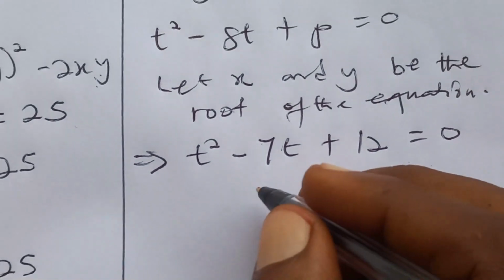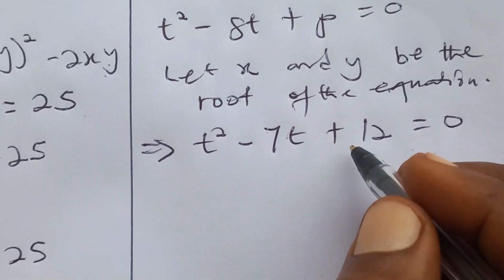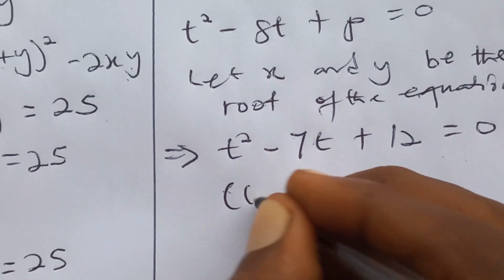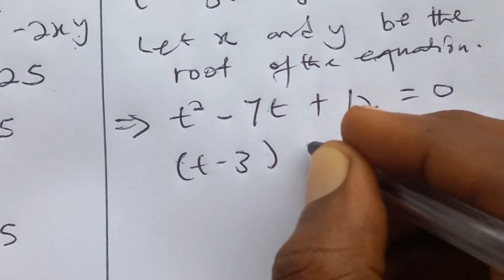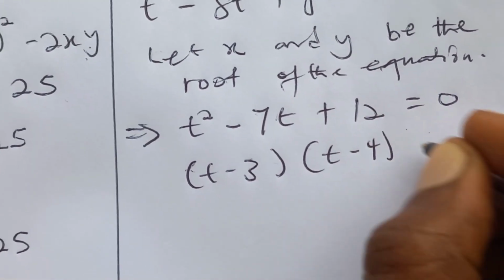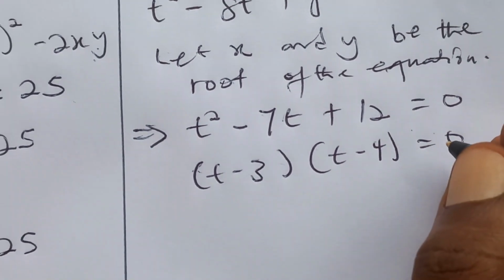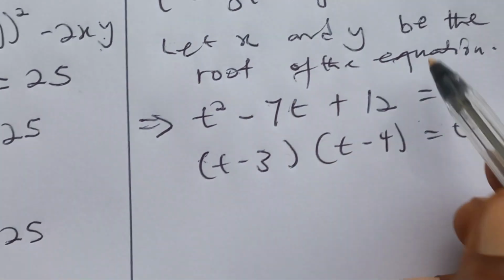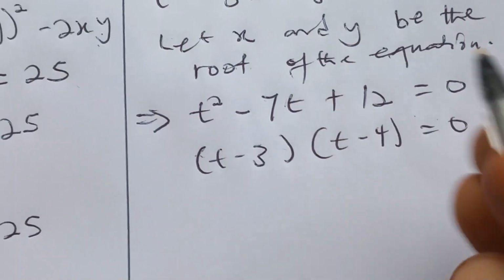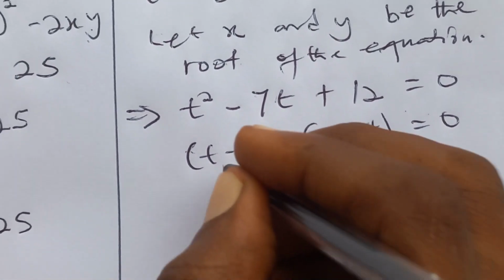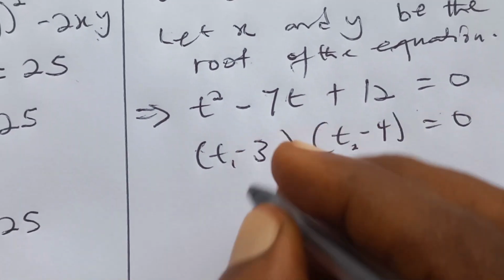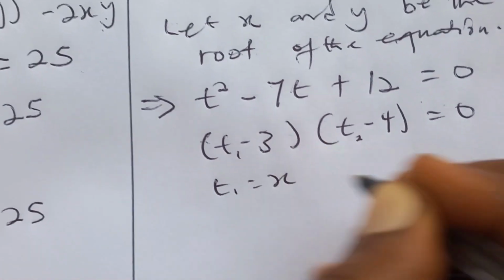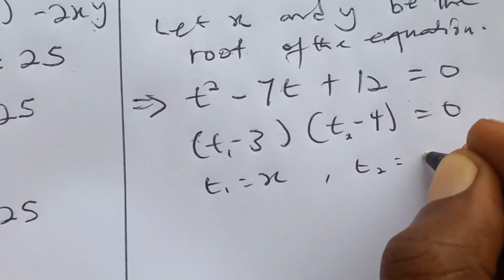Now we have to look for the factors of this quadratic equation. And the factors of this quadratic equation are t minus 3, t minus 4 is equal to 0. So here, since we said the roots of the quadratic equation are x and y, let's say t1, t2, so you can say that t1 is equal to x, then t2 is equal to y.